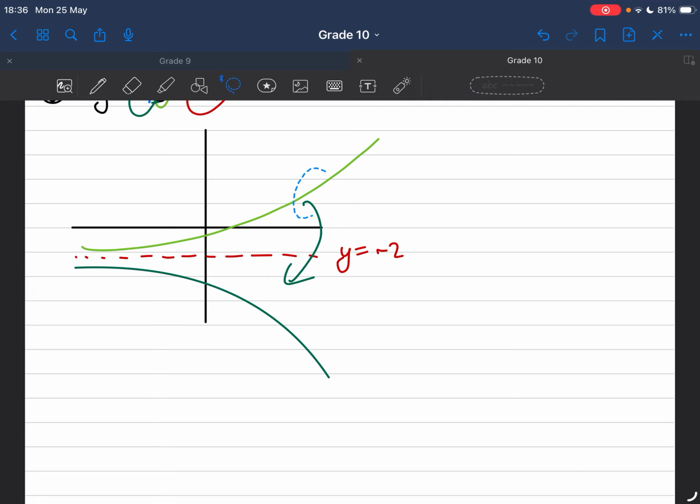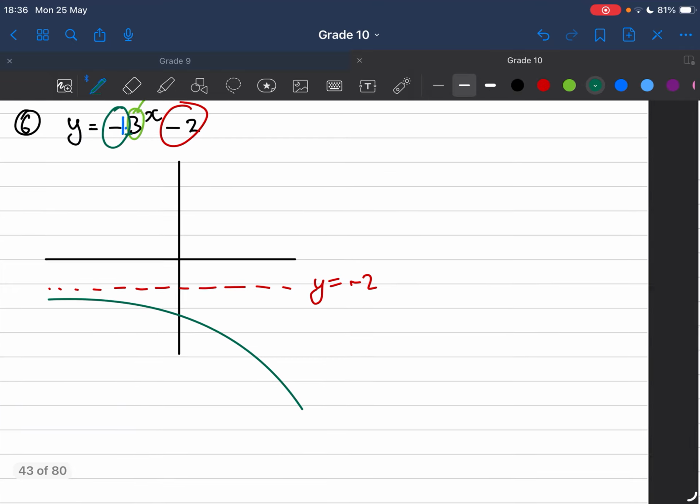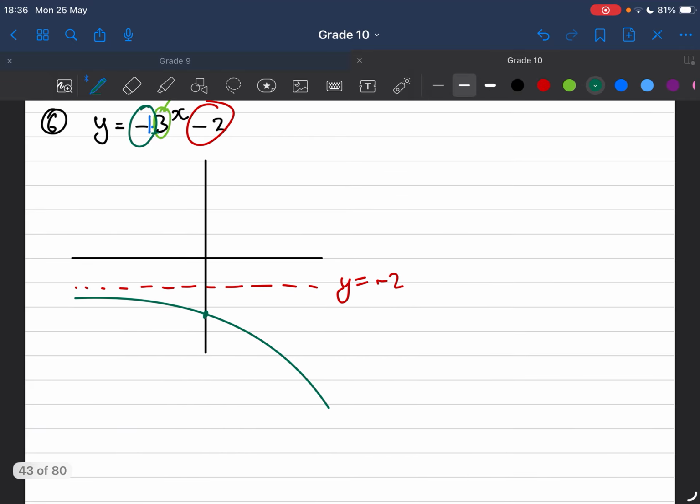I can then go ahead and delete this, delete that, and then say that my y-intercept I need, and let's say we do a coordinate for x of 1. So for the y-intercept, -1 times 3 to the power 0, -2. So y is equal to -1 times 1 is going to be -1, -2.